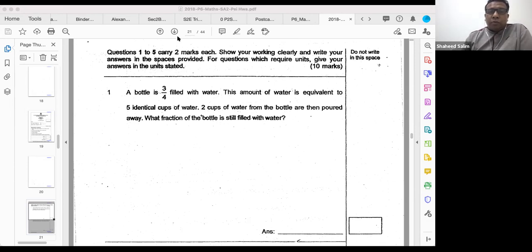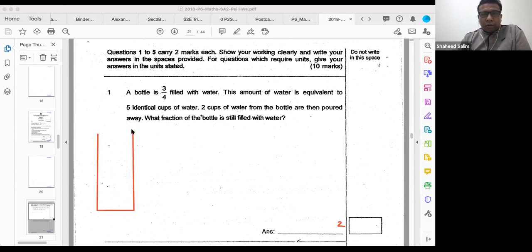Now down here, let me draw. There is a bottle. Imagine we have a straight bottle. Now this bottle, you have 3/4 full.